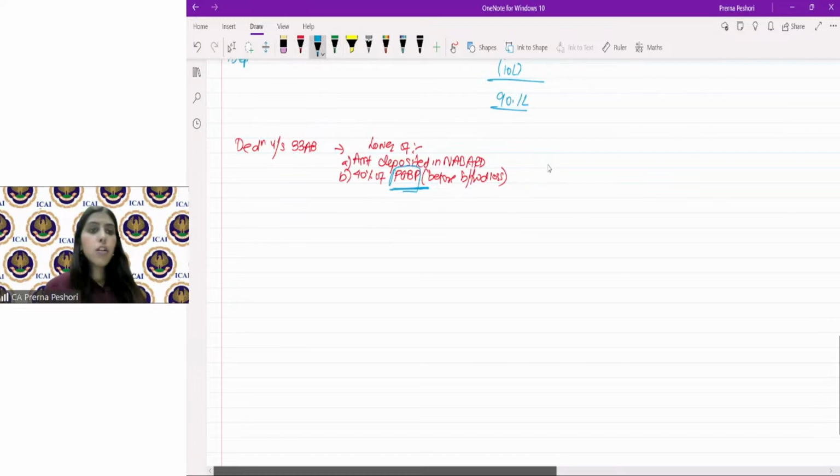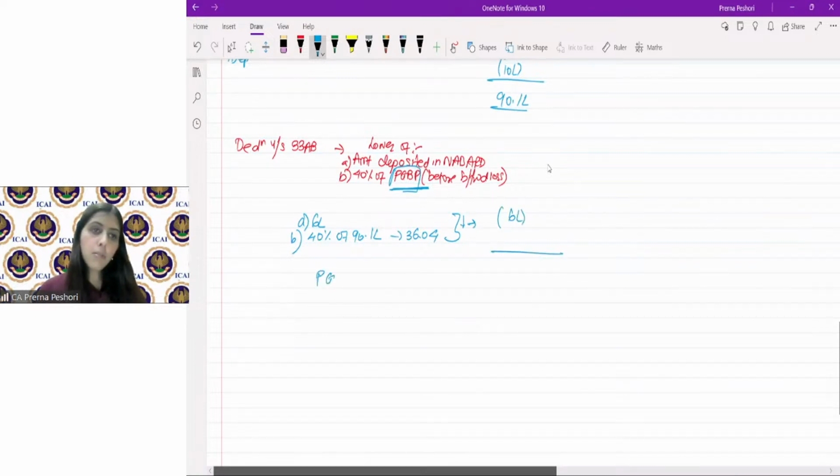So here, what will be our deduction is 6 lakh or 40% of 90.1 lakh. 90.1 lakh, 40% comes to 36.04. So the lower of this is 6 lakh.